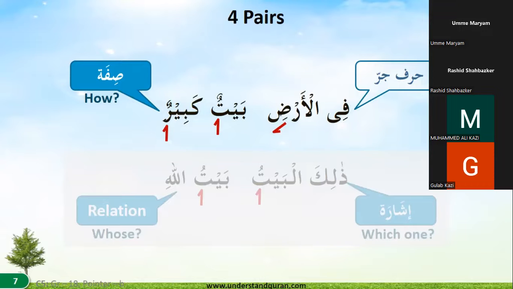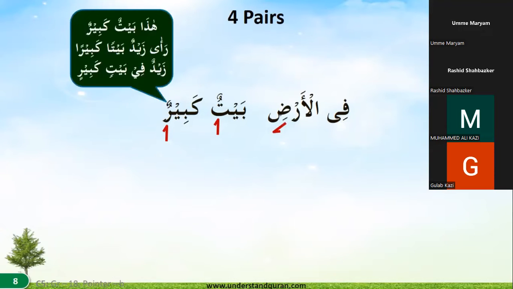Baytun kabirun, this is in rafa state. This was sifat mawsuf, which you studied last time, and today inshallah we'll be studying the ishara. So haza baytun kabirun, ra'a zaidun baytan kabiran, and zaidun fi baytin kabirin. Right. So this is the rafa state, the nasab state, and the jar state.